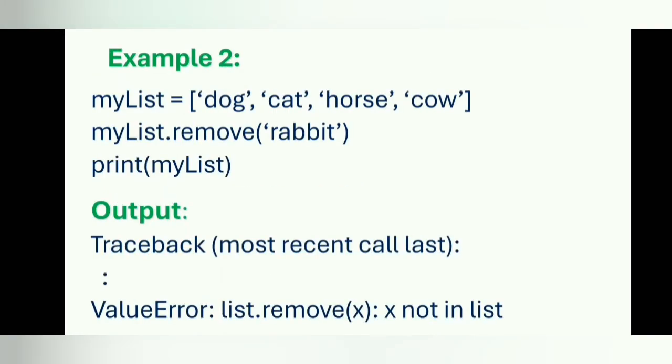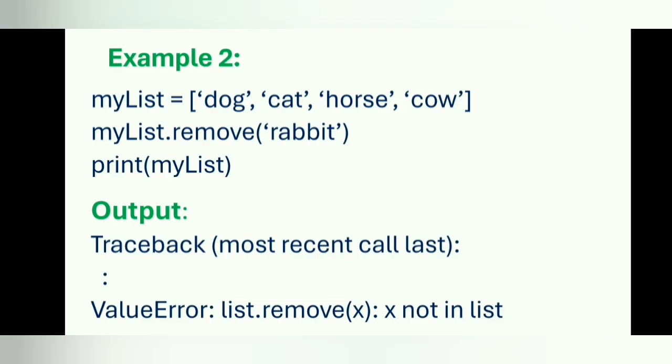Example 2. Attempting to delete a value that does not exist in the list will result in a ValueError. In this example, the first thing I did was create a new list with the 4 string elements dog, cat, horse, cow and assign it to the variable myList.